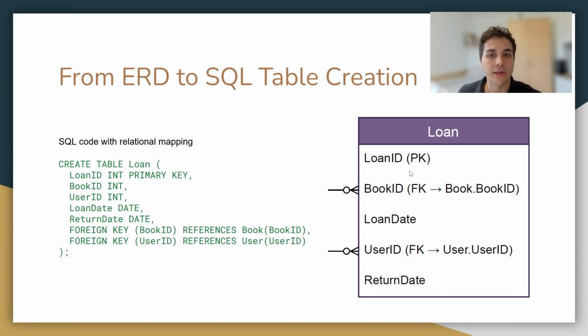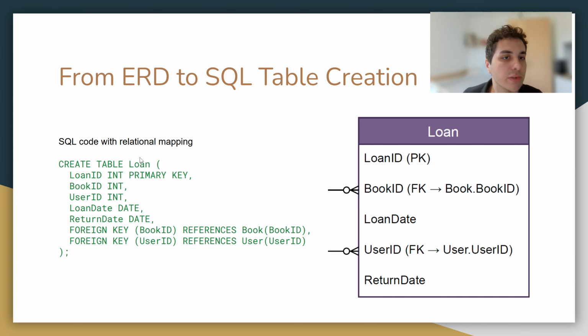This is not the exact same copy, but just to give you an idea, I want to talk about the loan relationship between book and user, where we have loan ID, the primary key for the loan. We have book ID, which is a foreign key for loan that comes from book's book ID. And we have user ID, the user who borrowed the book, that's also a foreign key, which comes from user and user ID.